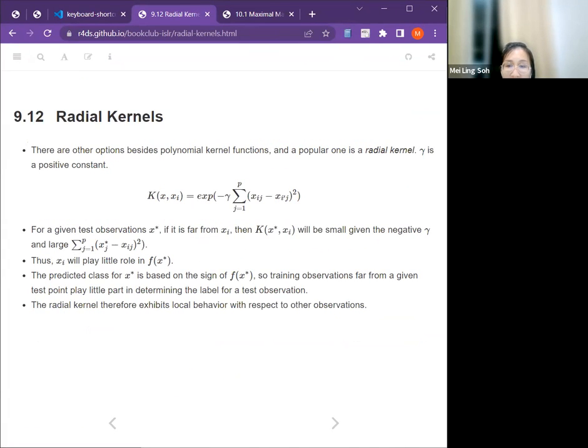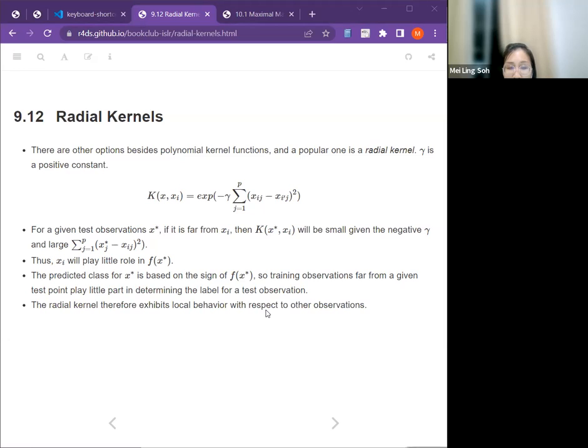Then let's talk about the radial kernel. The radial kernel is interesting. It is more like using a support vector classifier in infinite dimensions. I tried to look at the computation, but it got really complicated. But in my understanding, the radial kernel behaves like KNN, the weighted nearest neighbor models.